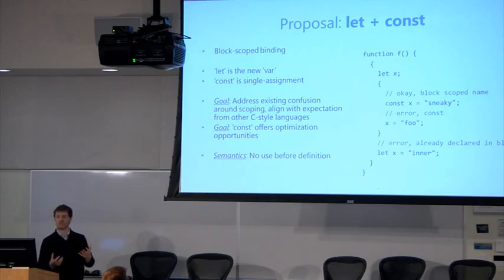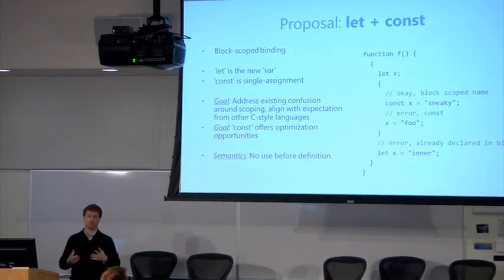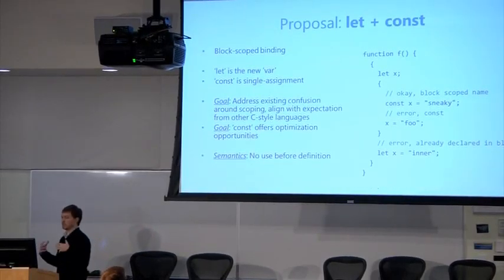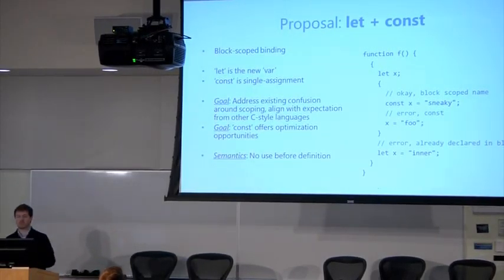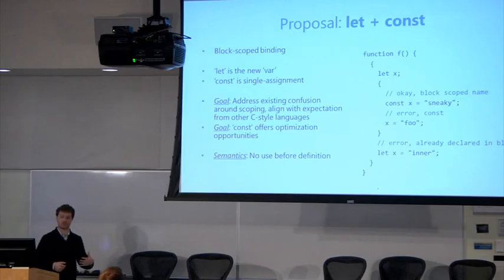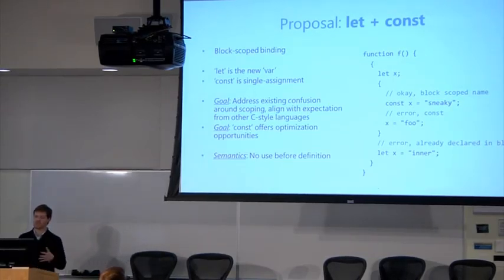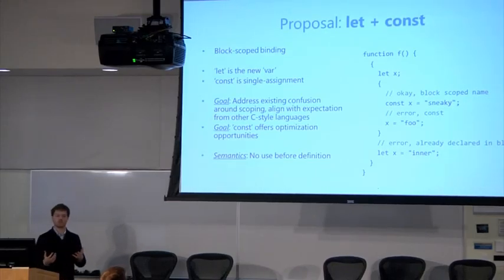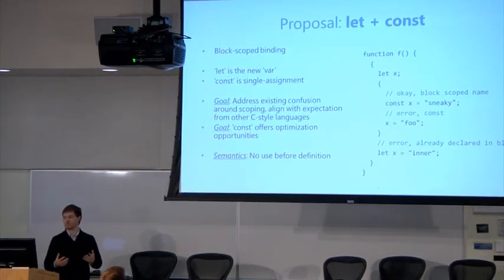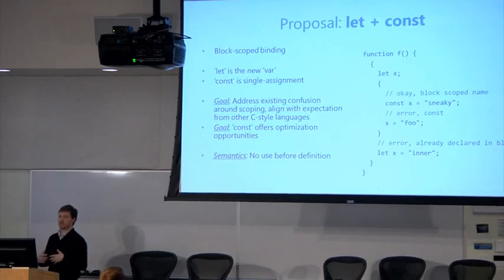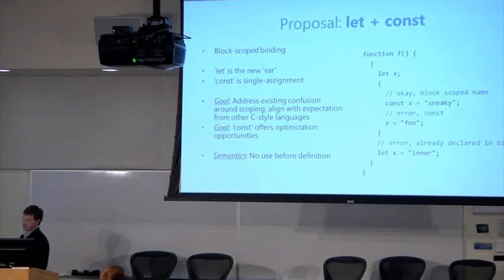Let is basically a new binding form that binds to a block scope. And so this gives it the same kind of behaviors you expect in many other C-style languages, and that a lot of JavaScript developers just expect and are accidentally bit by. So the idea for let is that it really is the replacement, in a sense, for var. It's the tool to use to get the same kind of behavior you might expect in terms of binding.